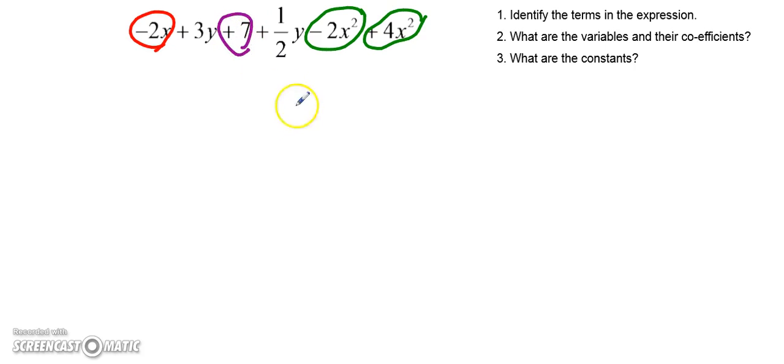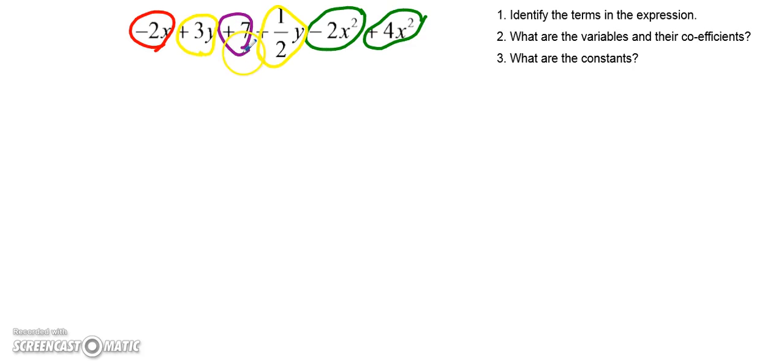I'm making sure to include the sign with my term because the sign is very important when I combine like terms, because that tells me what integer rules I need to apply. So I also have y as a variable. So those are all the terms. The variables are x, y, and x squared. The constants, there's only one.